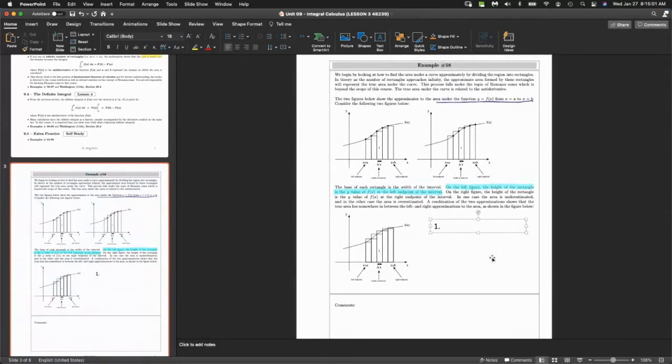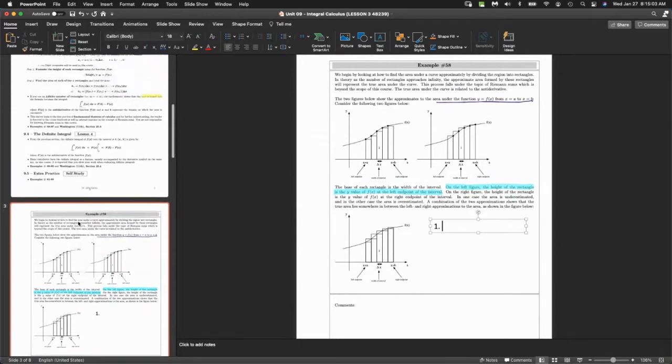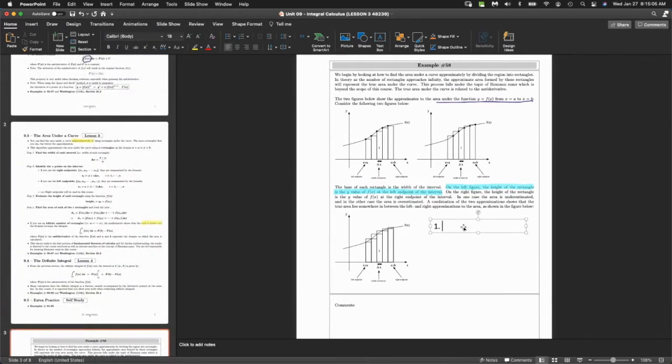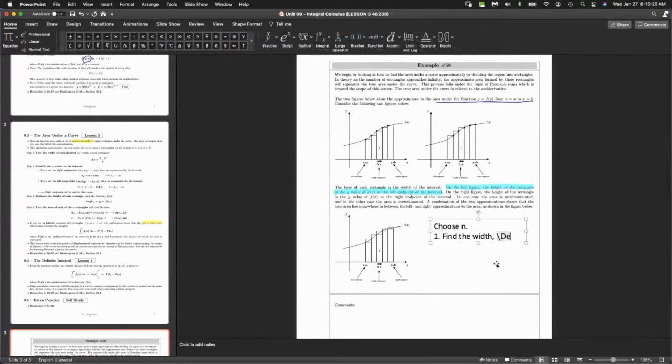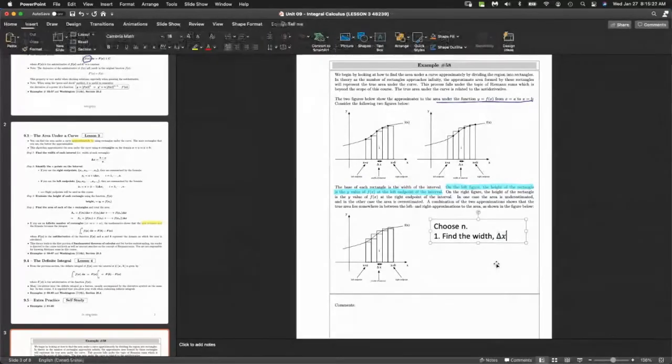Step one: first of all, you choose n. Or if you don't choose n, I just tell you what n is. And then step one is you find the width. Once you have the width, step two is you divide the interval into points.